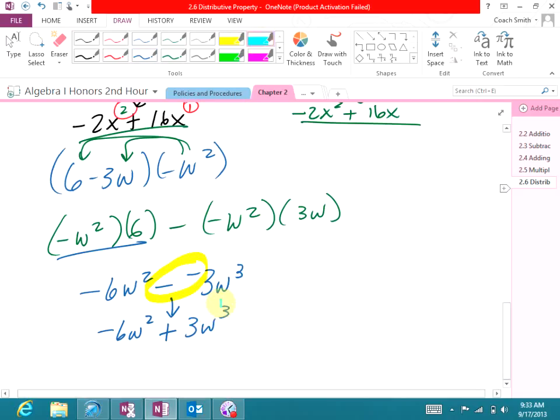Now, I have a 3 and a 2. I cannot put those two things together because they are not the same. Larry? Can you write the word? No. On these, you have to put the exponent.